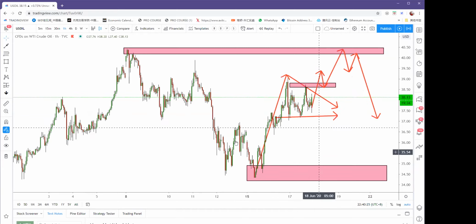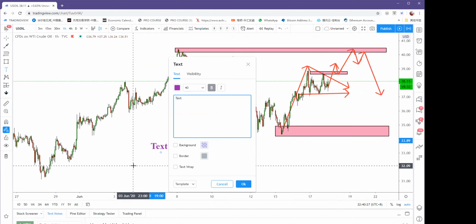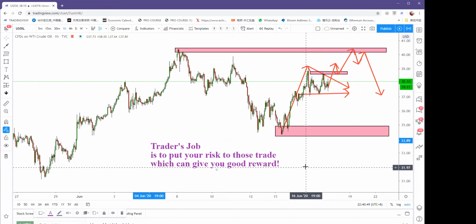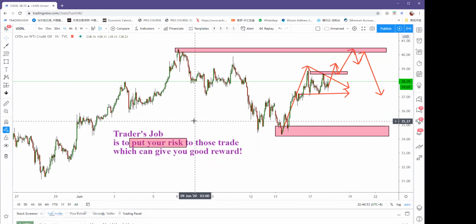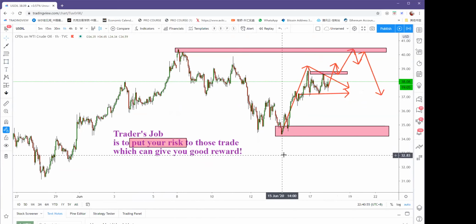Let me repeat again. The trader's job is to put your risk on those trades which can give you good reward.